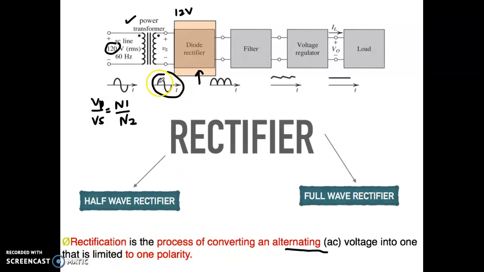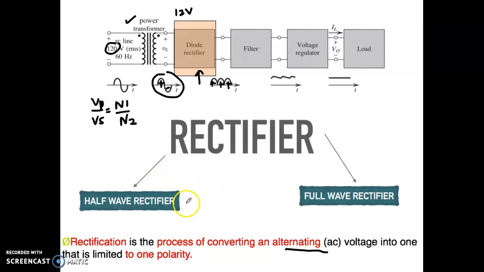So you will change your sine wave. Let's say here you have plus and minus. After you go through the rectifier, it will change everything to positive polarity. So you will have only one polarity. Your negative polarity will be either eliminated or changed to positive polarity. So that is the role of your rectifier here.